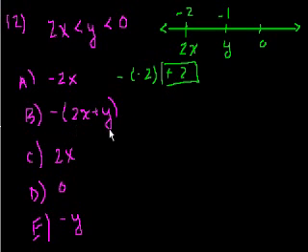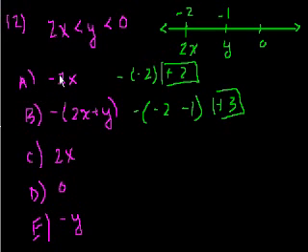What's minus 2x plus y? 2x is minus 2, plus y is minus 1, so it's minus 3, but then you have a minus outside, so it's plus 3.